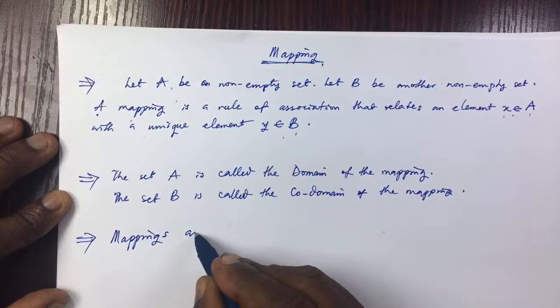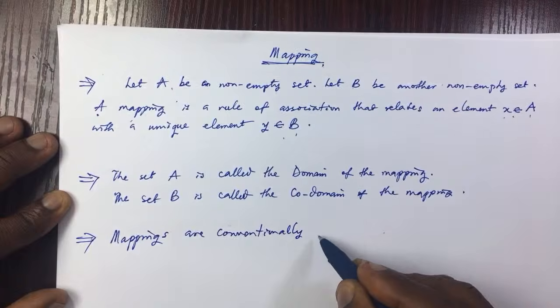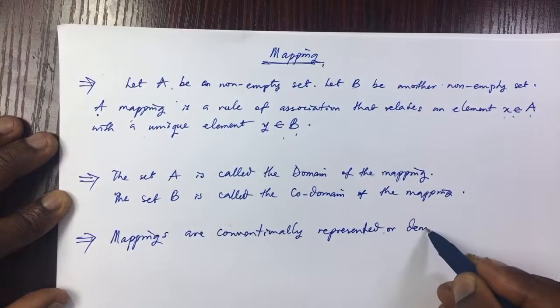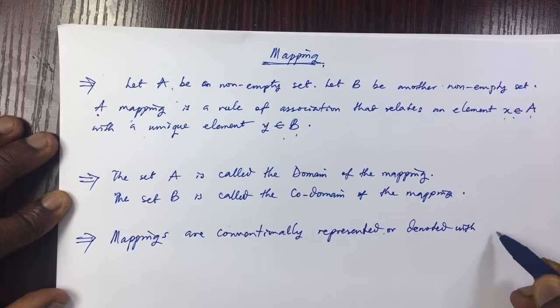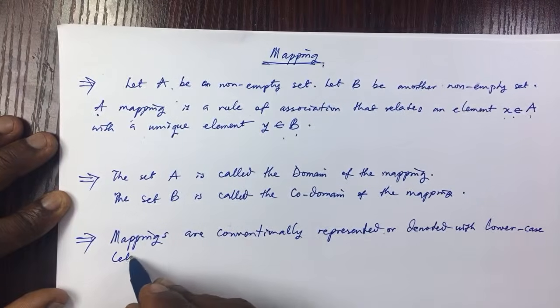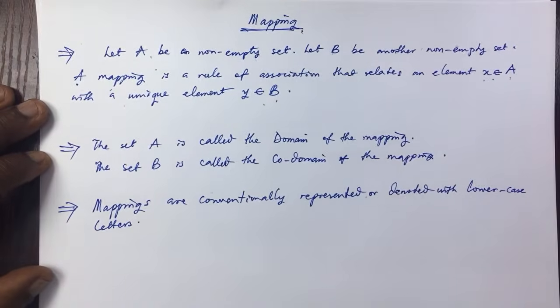Mappings are conventionally, that is by agreement, represented or denoted with lowercase letters. So if you want to represent a mapping, in which case you want to represent a rule of association of elements in A with unique elements in B, it is proper or conventionally agreed you use lowercase letters.